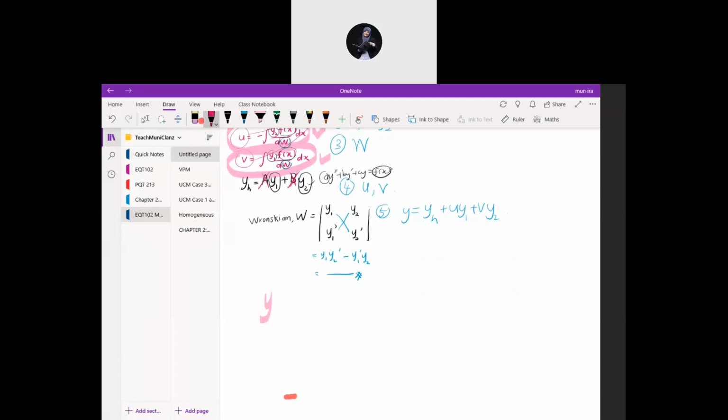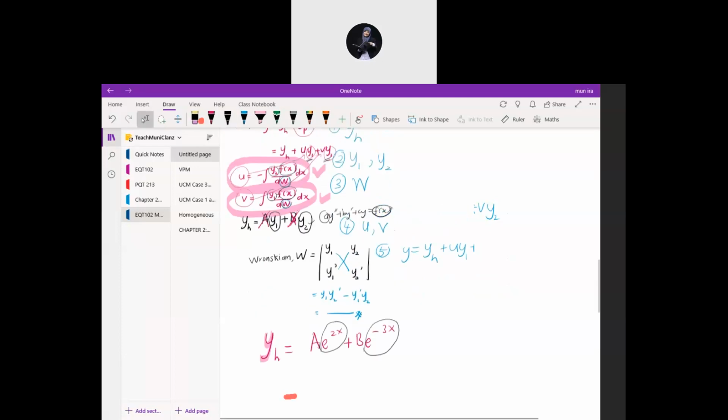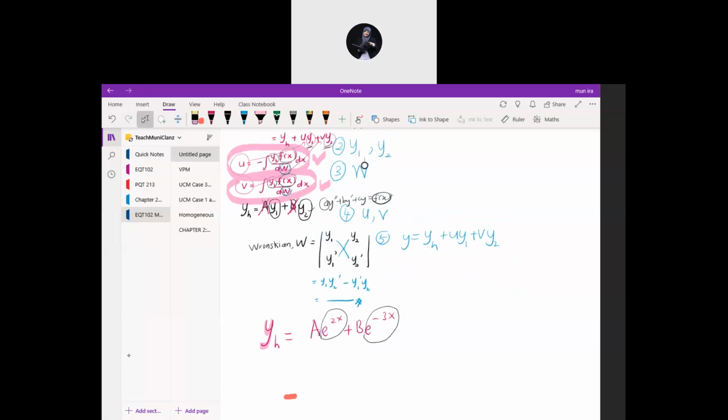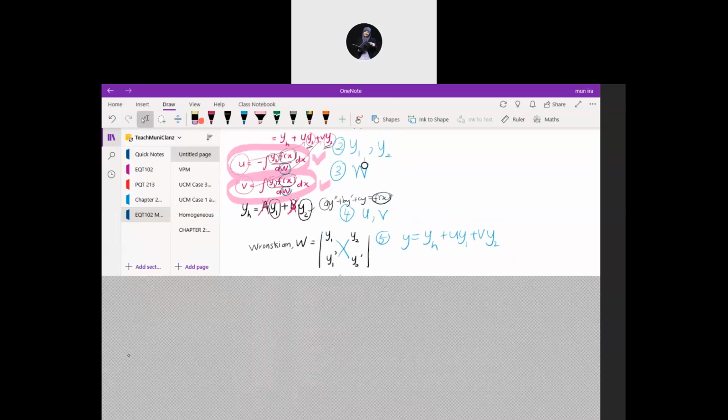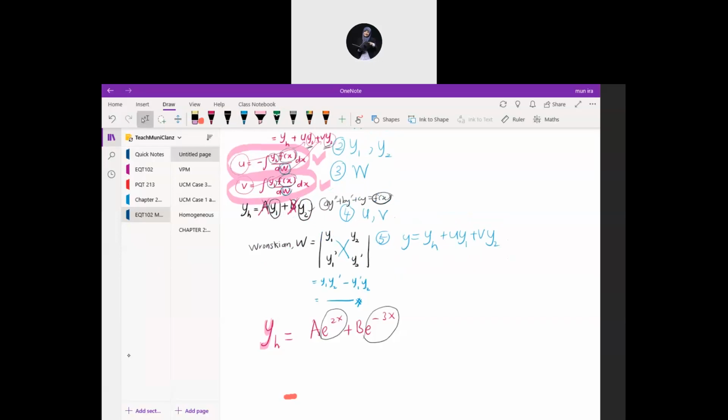Yes, correct. Let's say your solution is YH equals AE^2x plus BE^(-3x), for example. We set this as my Y1 and this as my Y2. So the second step is determine Y1 and Y2. The next step is find Wronskian.